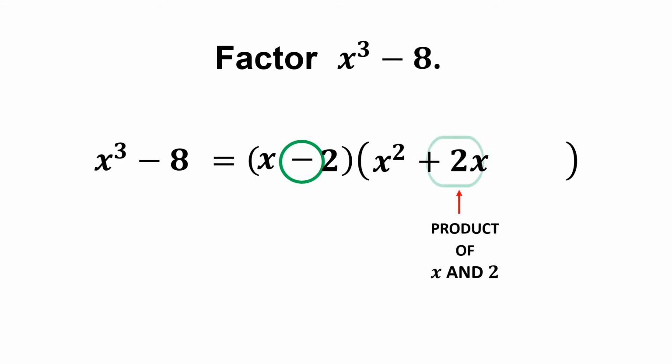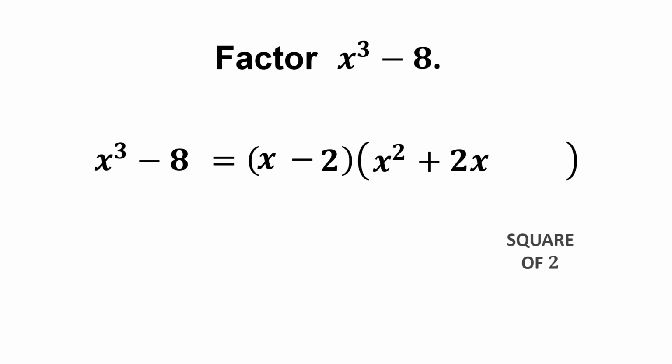The product is 2x. Finally, the third term is the square of the second term of the binomial factor, which is 4. Therefore, the factored form of x cubed minus 8 is the quantity x minus 2 times the quantity x squared plus 2x plus 4.